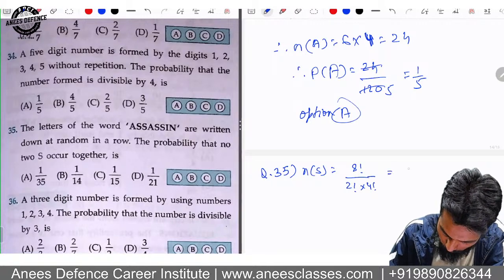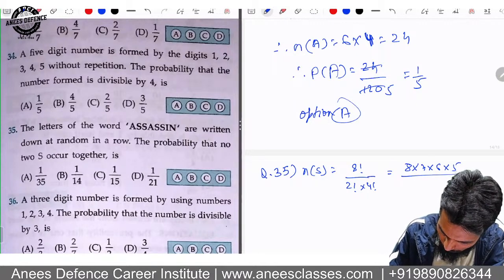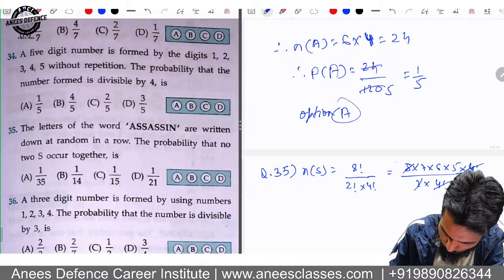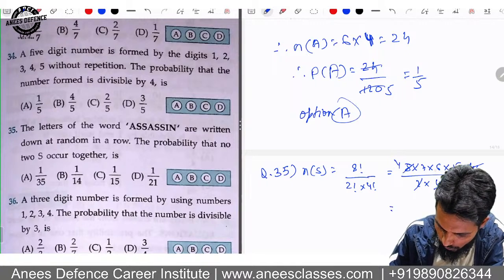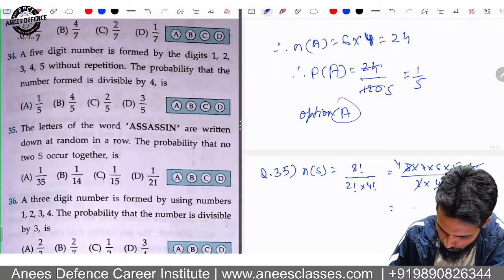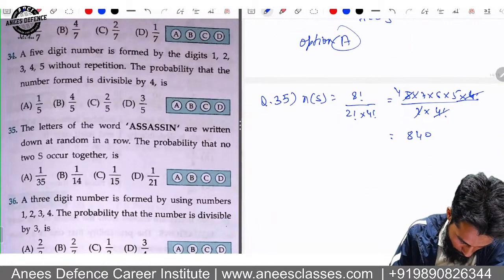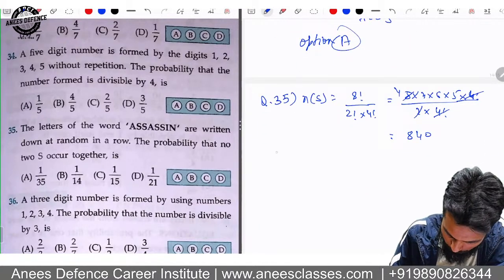So what is the value? 8, 7, 6, 5, dividing by 4 factorial, you can cancel. Here it is 2 into 4 factorial. Cancel both, 2 cancels 8 as 4. So 4 into 5, 20 into 42, that is 840. You got the sample space.